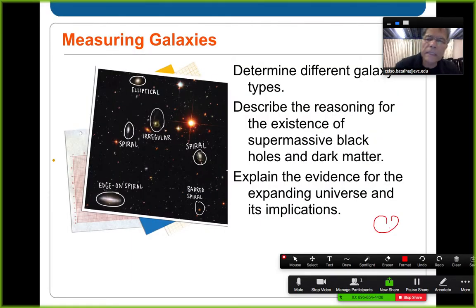In measuring galaxies, the main point is to introduce the types of galaxies that exist out there in space. As mentioned previously, by studying galaxies, we have some idea of how the universe on a large scale is organized, what sort of structures exist, and what sort of energy happens to be controlling and guiding the dynamics of galaxies.